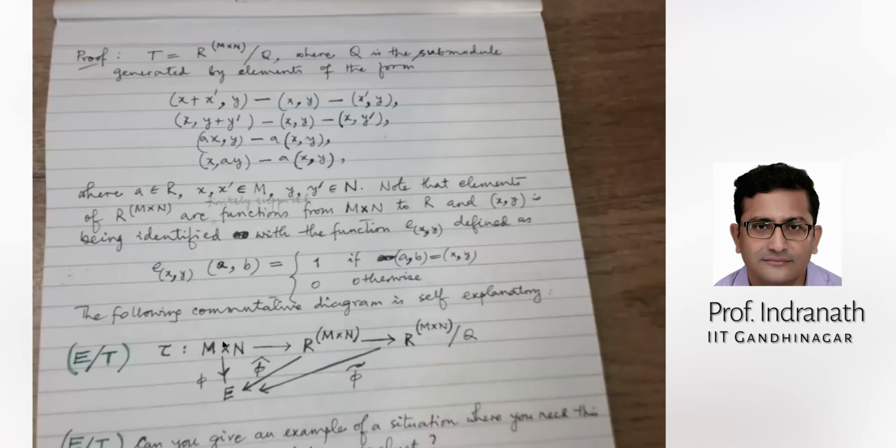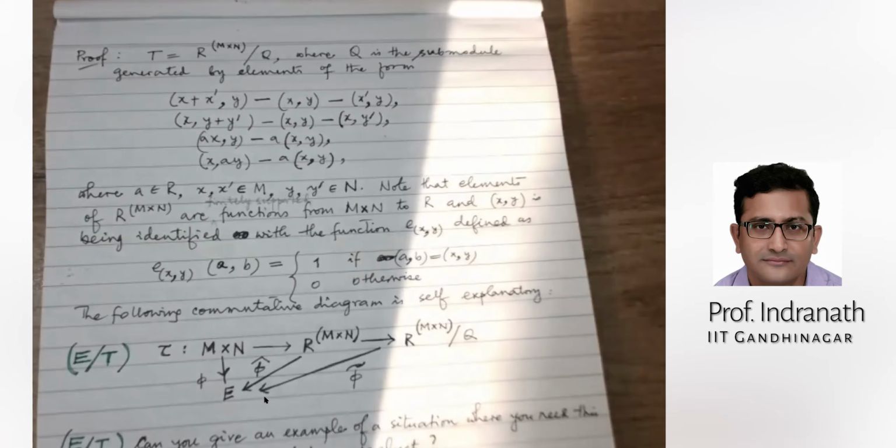If you take M cross N and any R module E, and any bilinear map phi from M cross N to E, then this should give a unique linear map from T to E.